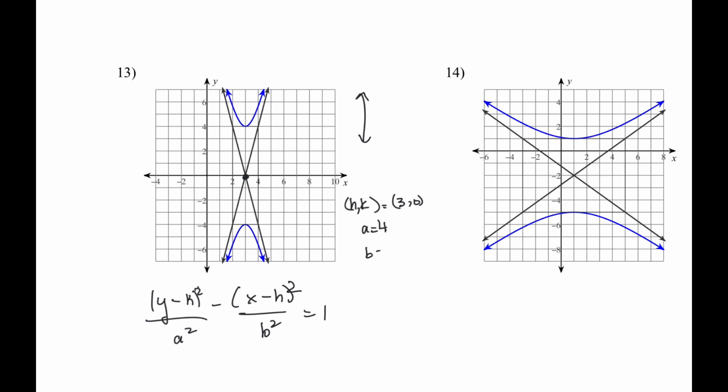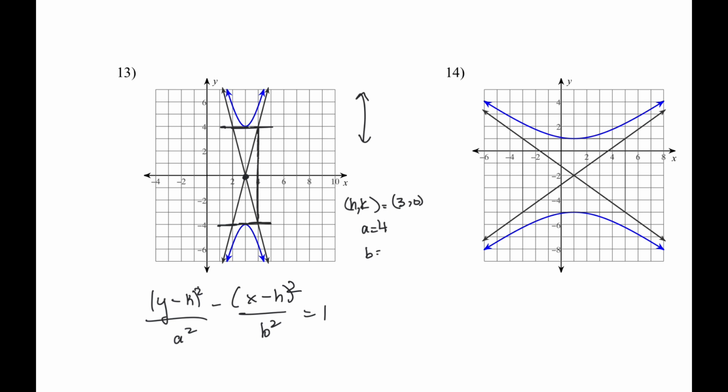For b, it's easy to see that I can draw a horizontal line right there where the vertex is. And that's going to cross over those asymptotes, right? Where it touched the asymptote, I'm going to draw a vertical line right down.